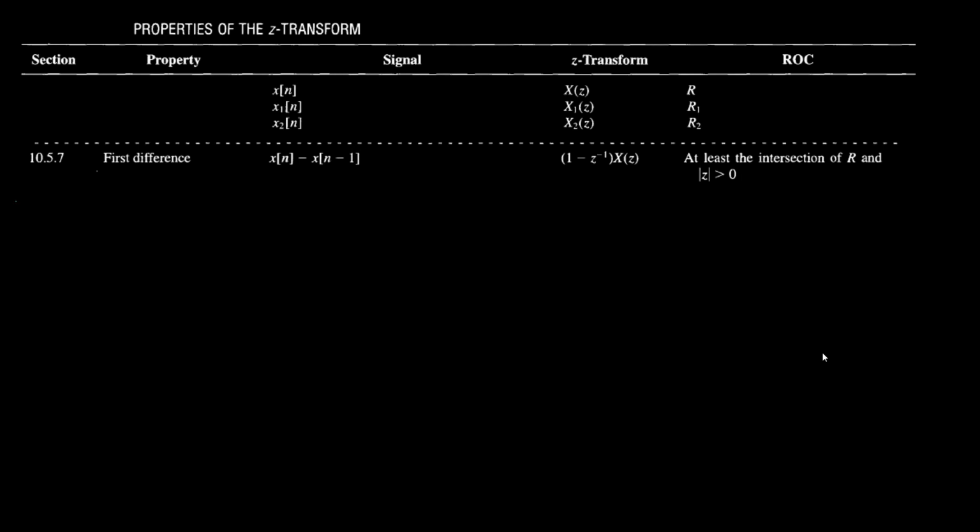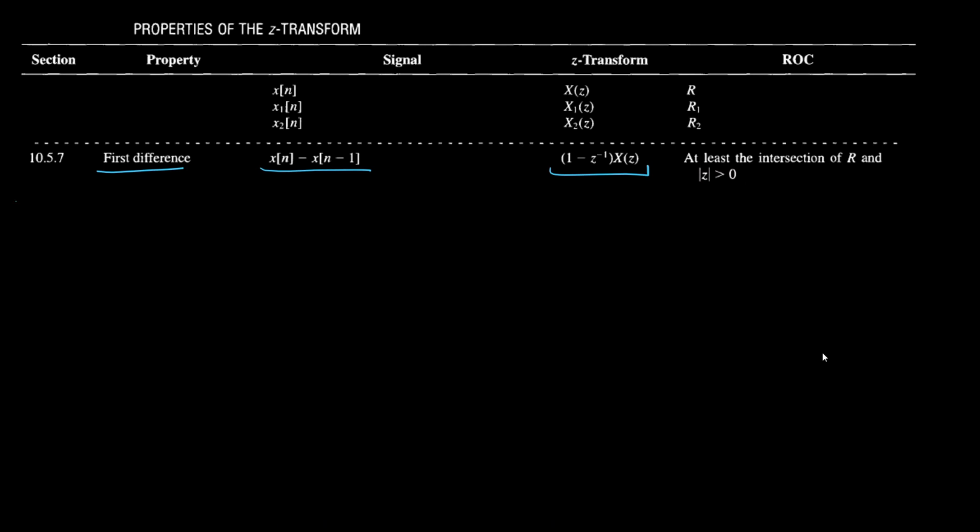So the next property is the first difference, and its proof is quite straightforward. Let us first define that if we have x of n and we are subtracting x of n minus 1 from it, so the z transform would be x of z and the coefficient would be 1 minus z inverse.